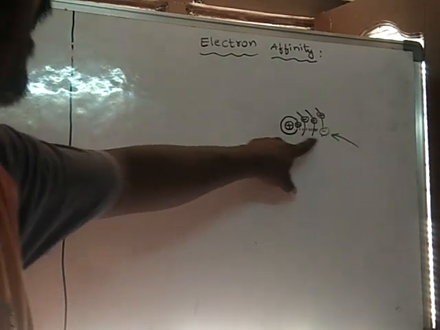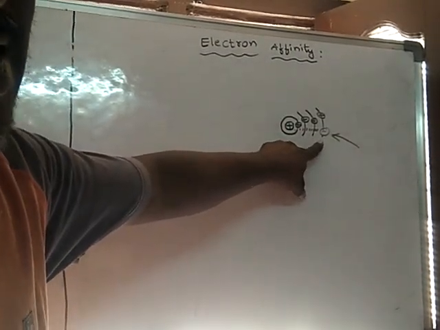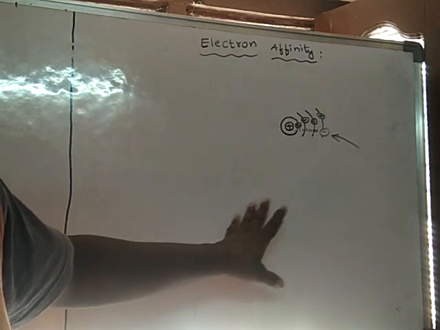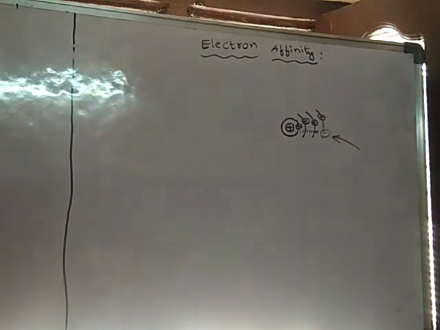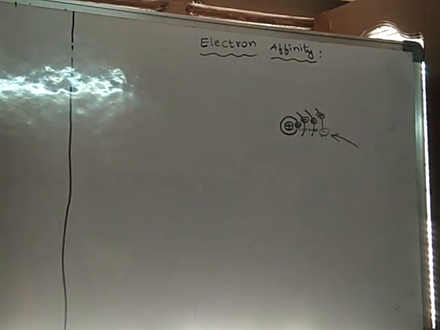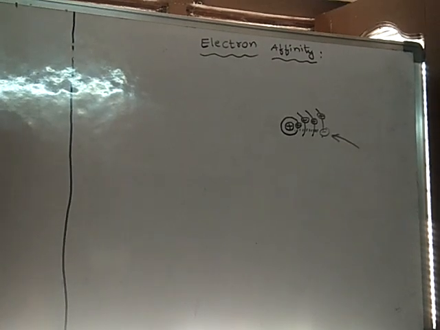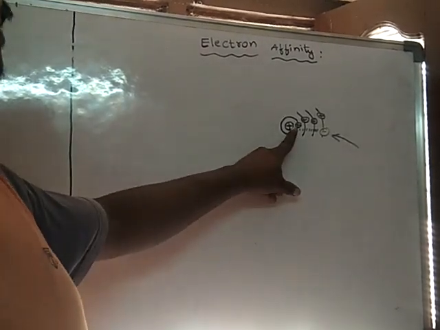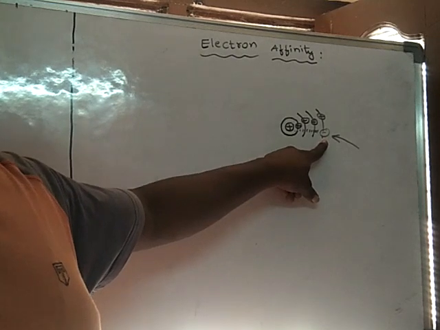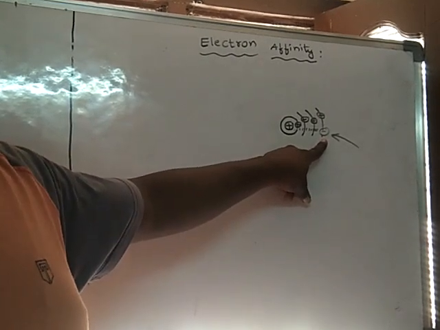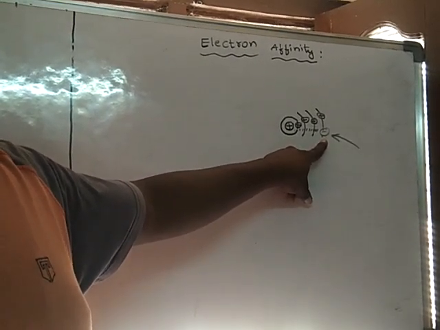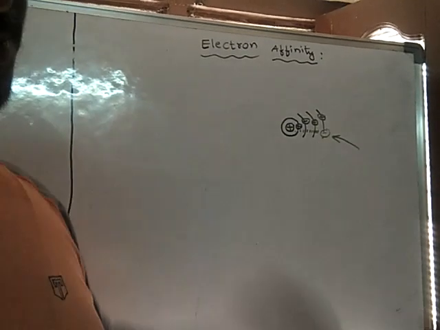If the nucleus cannot accept that electron, then the electron does not stay and will be separated from that atom. Only when the nucleus shows force of attraction will the added electron remain in the atom.